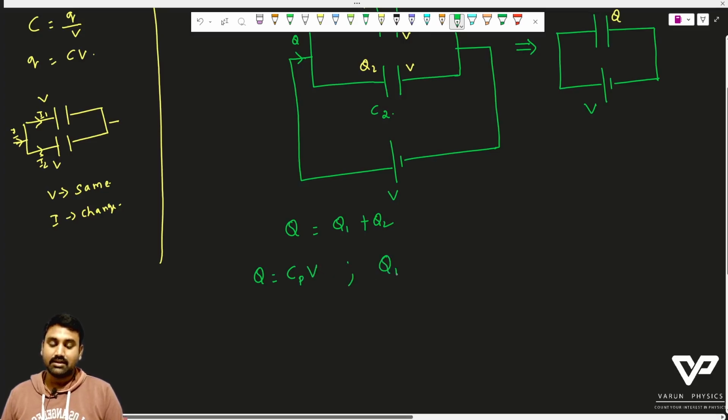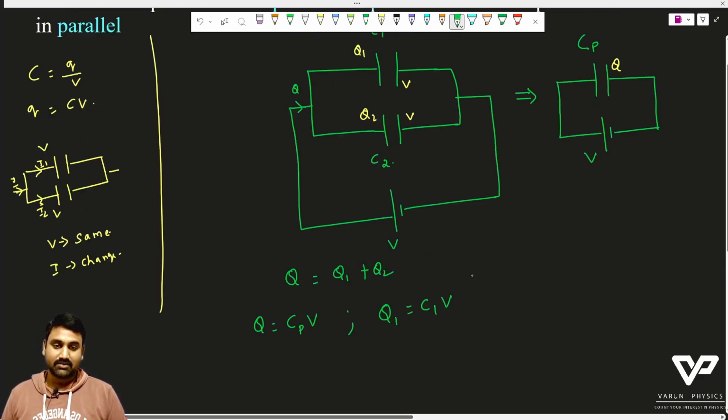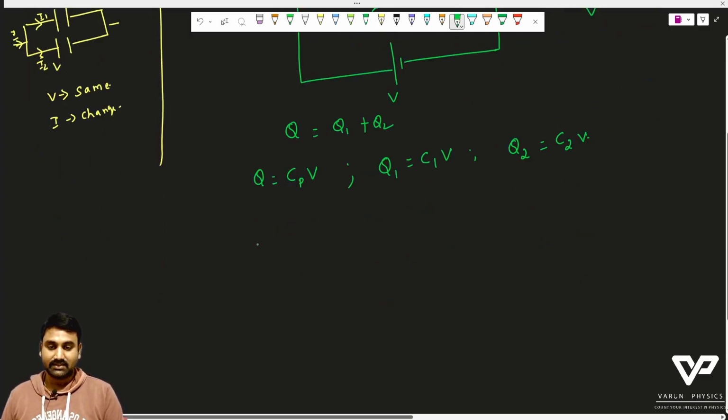Similarly, Q1 is equal to capacitance of 1 and potential at 1. From the figure we can say that potential at 1 is V. And Q2 is equal to C2 V. So substituting the same things here, we have CP into V is equal to C1V plus C2V. V cancels. Therefore, we are left with CP is equal to C1 plus C2.